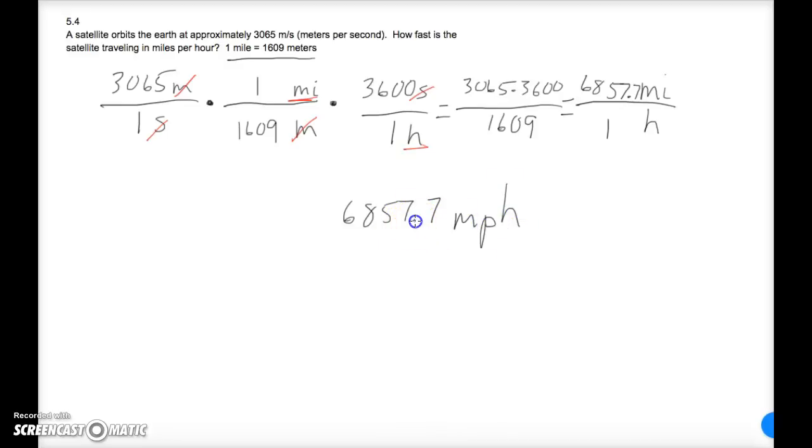And you could have rounded up to 6,858. That would have been acceptable too, since it didn't tell you what to round to.